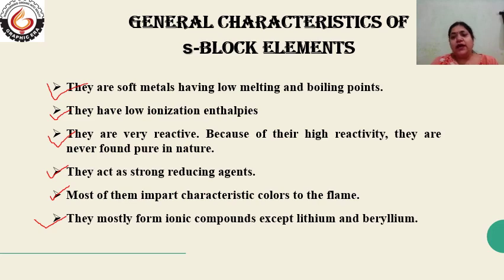So an electron can easily be removed from the outer orbital. The greater the distance of the electron from the nucleus, the easier it is to remove the electron. In the case of lithium and beryllium, they are much smaller in size. The s orbital is very near to the nucleus. So it is quite difficult to remove the electron as compared to sodium or potassium.